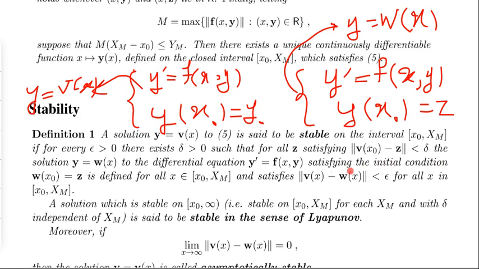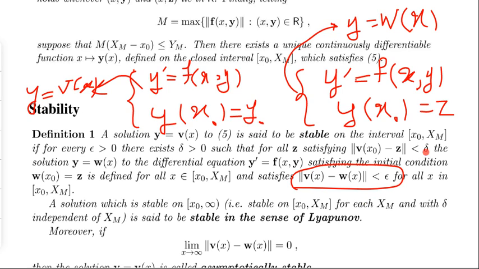Now, based on this definition, this small change in our initial condition will result in this change in our final solution. If y naught minus z is less than delta, then the obtained solution of this problem will change subject to this condition.